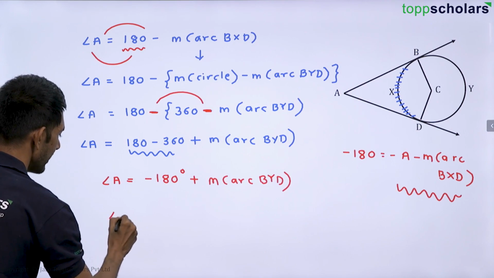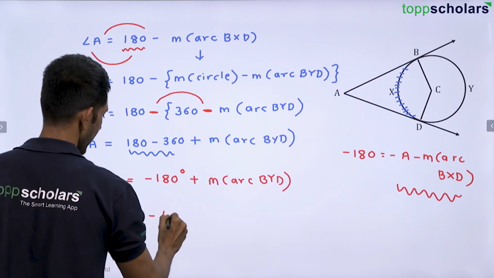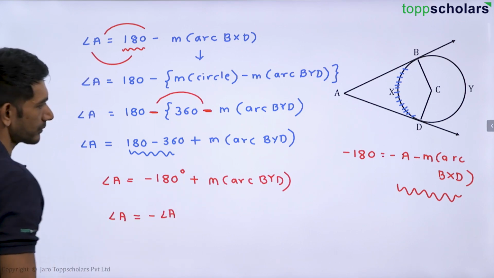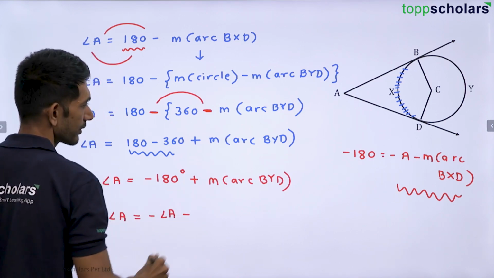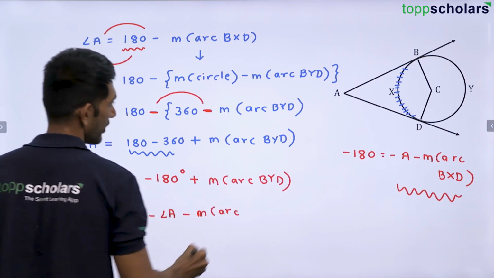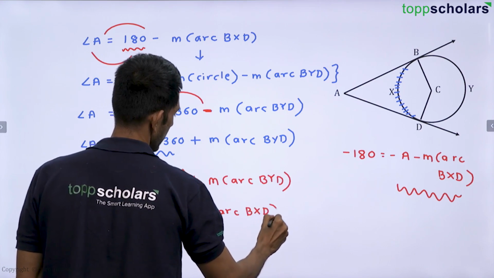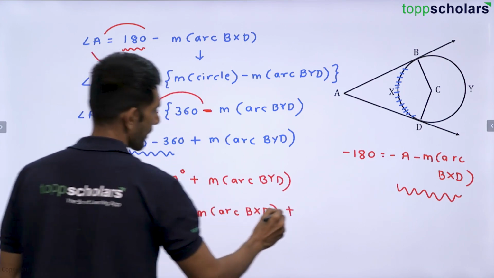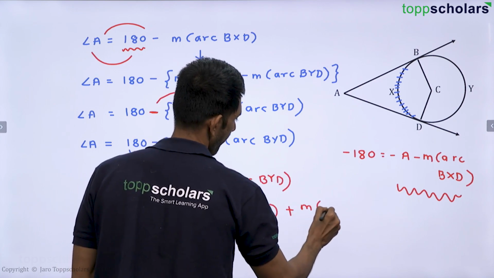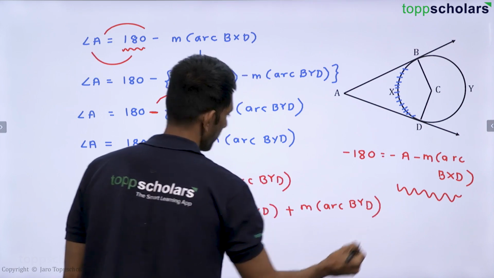So can I say angle A is equal to minus angle A minus measure of arc BXD plus measure of arc BYD.